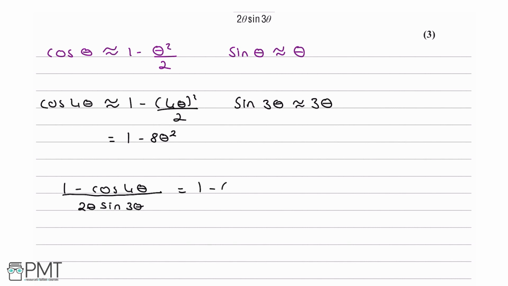It is 1 minus 8 theta squared all over 2 theta 3 theta, because all we've done is substitute sine 3 theta for being 3 theta into this part, and we substituted 1 minus 8 theta squared into this part. So we end up moving from cosine 4 theta to 1 minus 8 theta squared and sine 3 theta to 3 theta. That's all good.